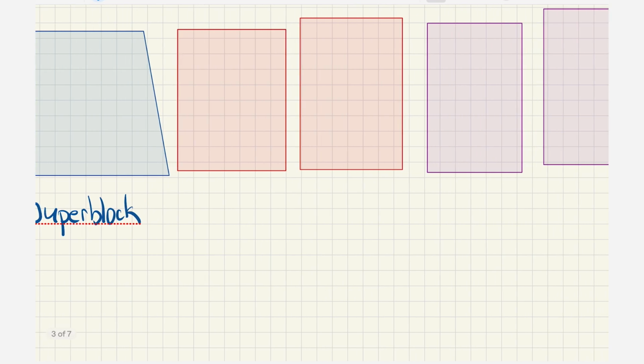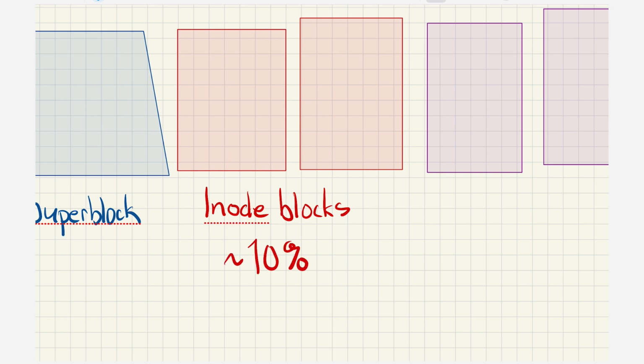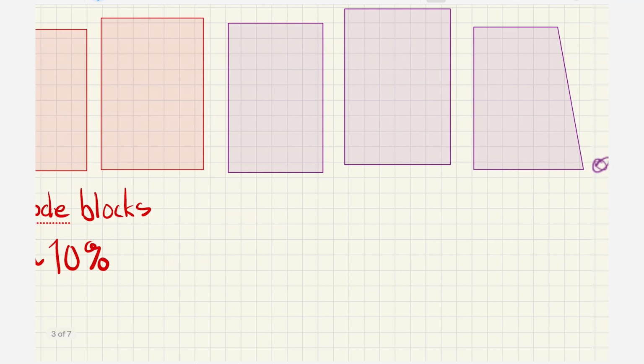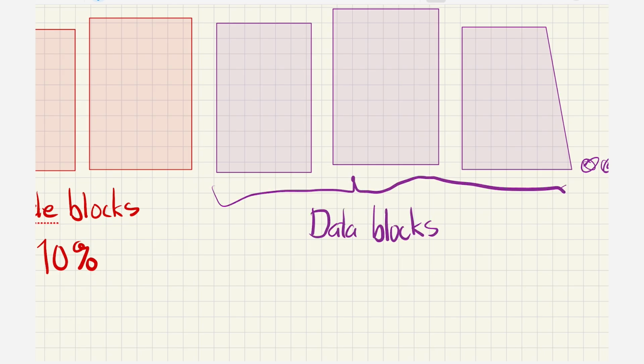Then follow one or more inode blocks. When you format this file system, you should set aside around 10% of the entire disk size, rounded upwards, as inode blocks. So one superblock, one or more inode blocks, 10%, and then the rest will be data blocks.